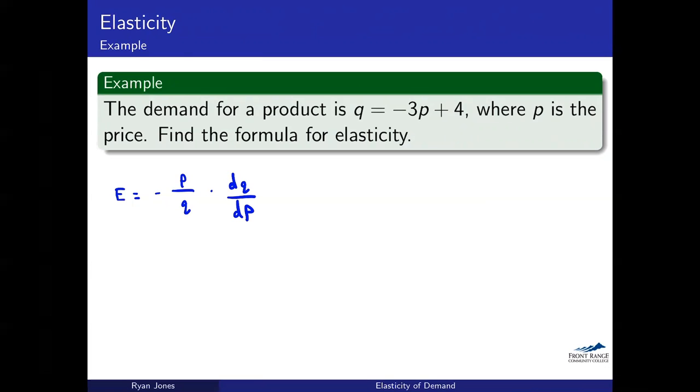So keep that in mind. P is our price. It is our independent variable. It will vary and it will change, but the quantity is what is affected by that price change. So Q is a function of P.